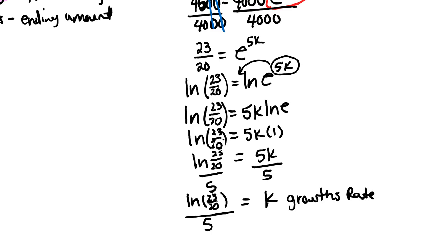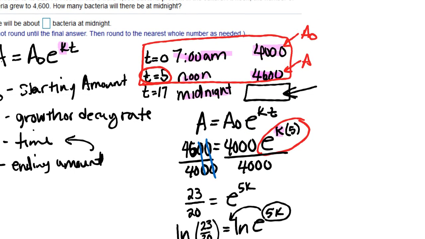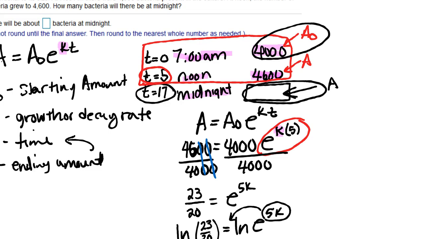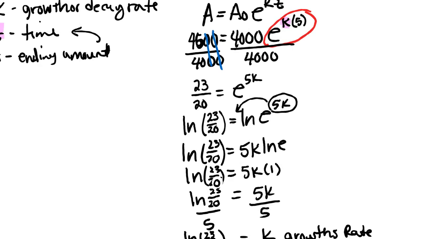And now that we know our growth rate, we're going to be able to find that missing value that we talked about up here. We're going to use 4,000 as our starting amount. We're trying to figure out our ending amount. We're going to use time as 17, and we're going to use that growth rate that we just found.